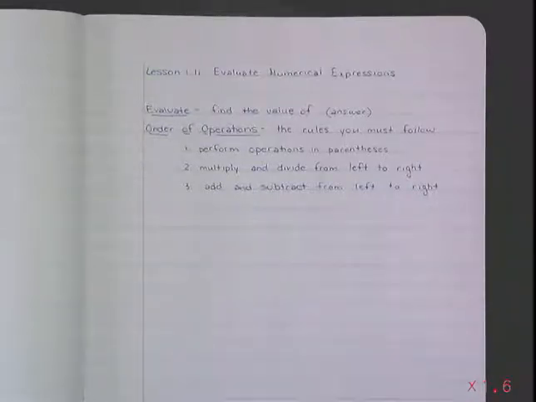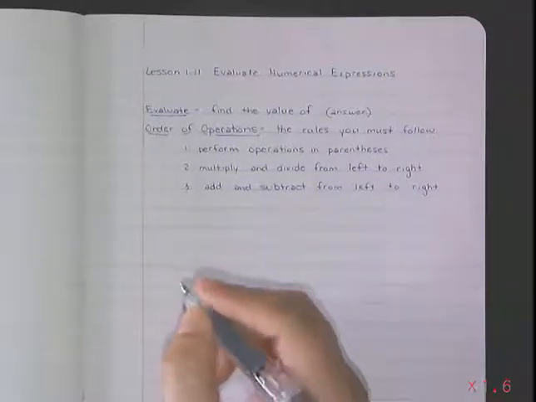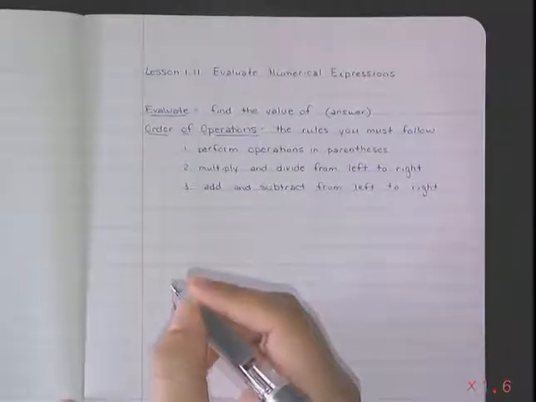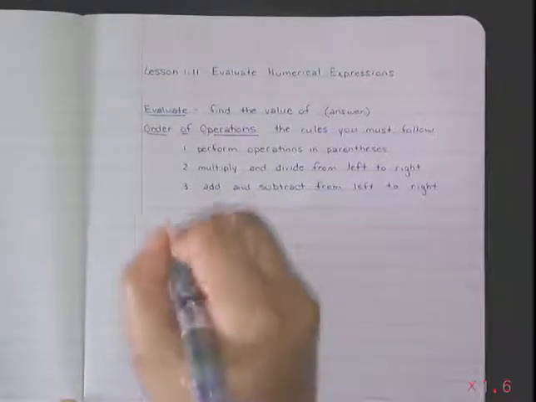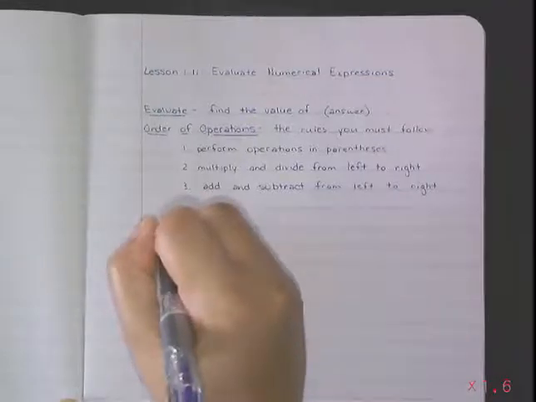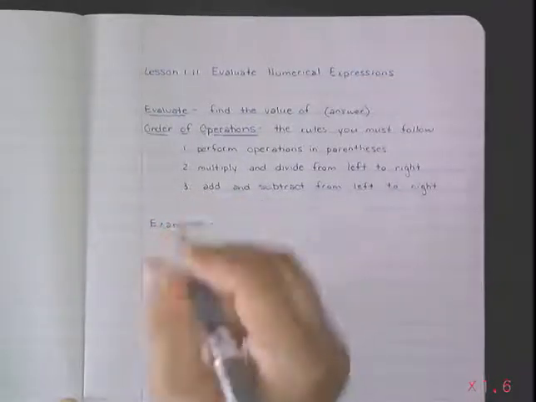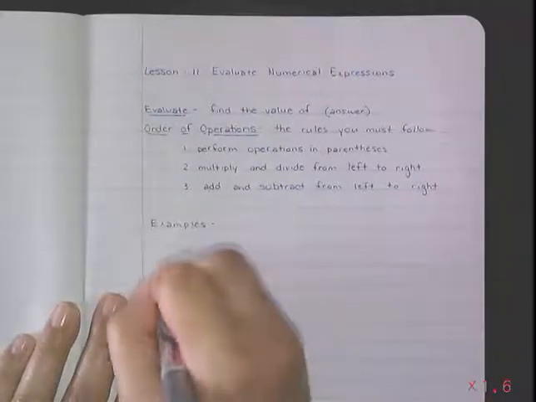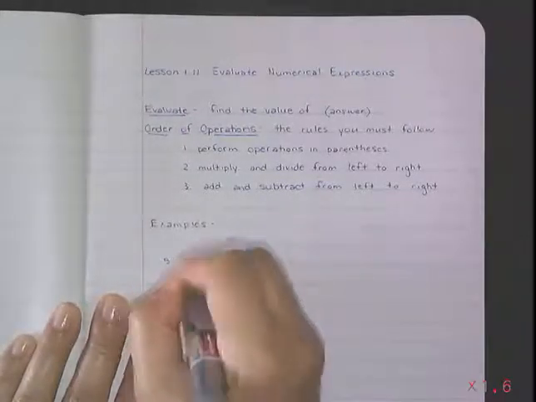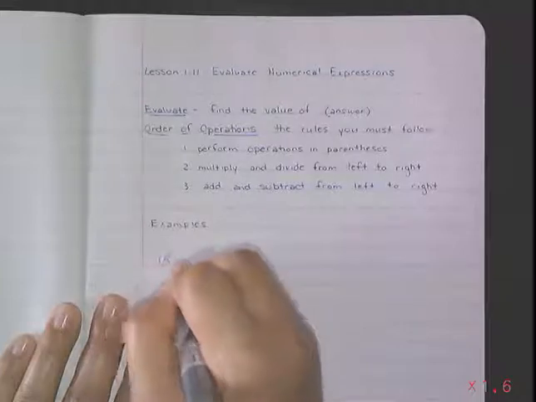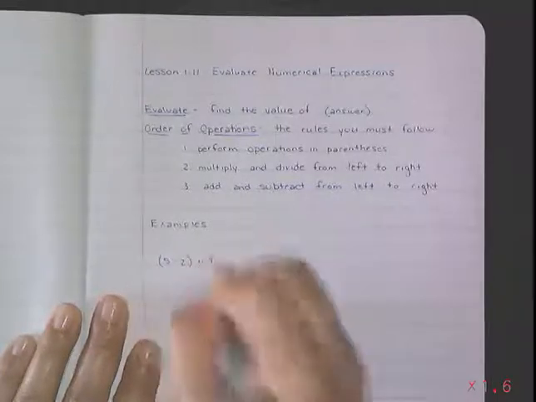So let's look at a couple of examples. Let's say we have the problem (5 minus 2), and this is in parentheses, times 7.